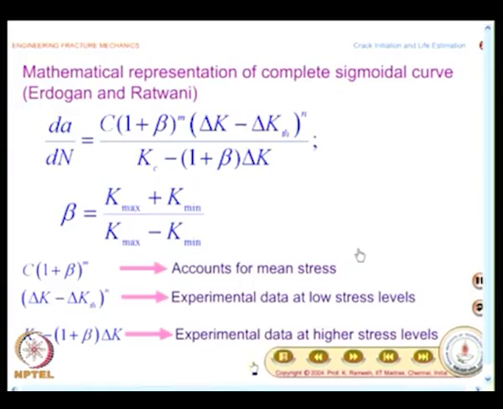But for all these laws, what is the basis? Paris law is the basis. Now, that is where you have to give him credit. If you had combined the environmental effects, you would not have arrived at dA by dN versus delta K. Now, everybody in fracture mechanics literature knows that you have to play with dA by dN and delta K. Then they have added, you add delta K threshold, you add Kc, you add R. So, the basic kernel was provided by Paris.